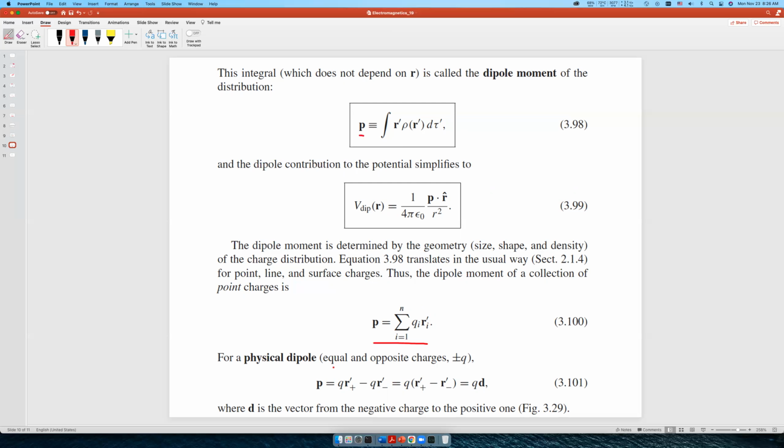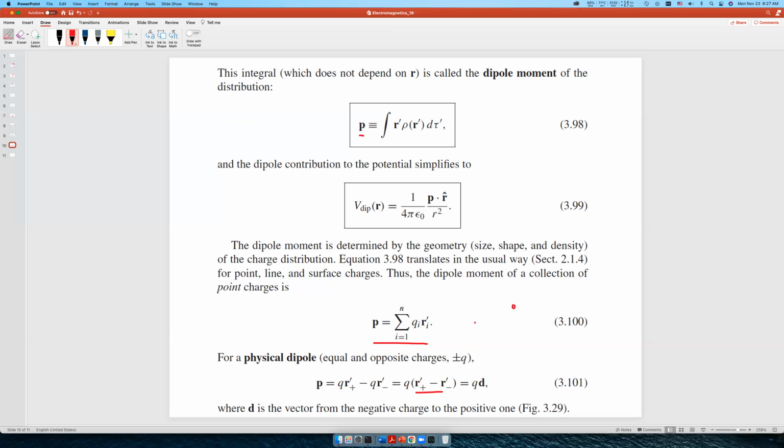For a physical dipole, which is equal and opposite charges plus q and minus q, the dipole moment equals, let's take it into the equation here, q r prime plus minus q r prime minus, which is q d.